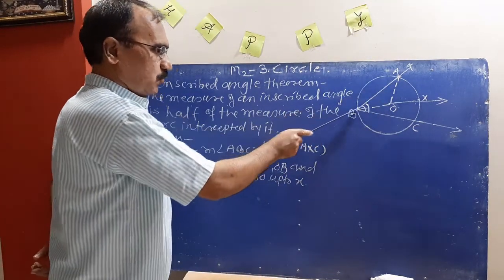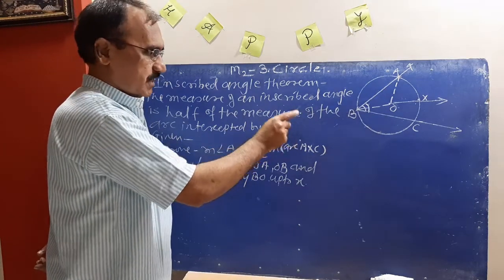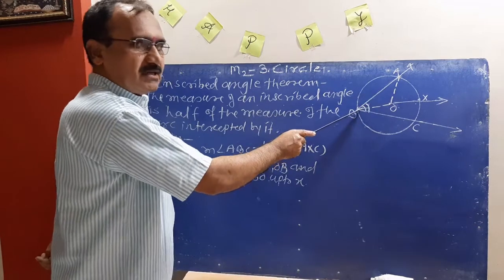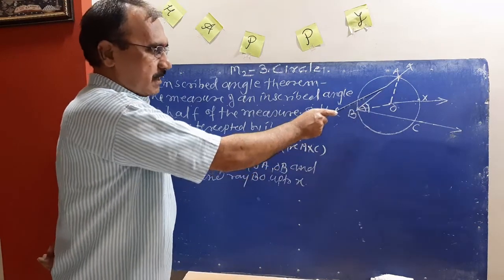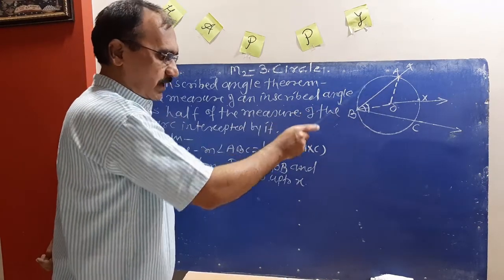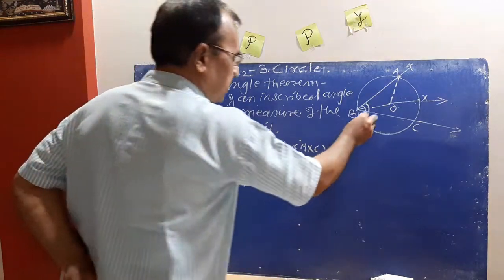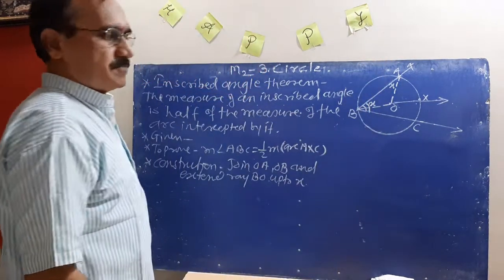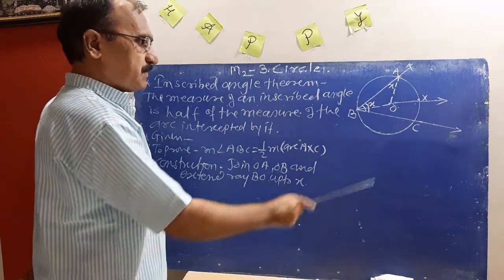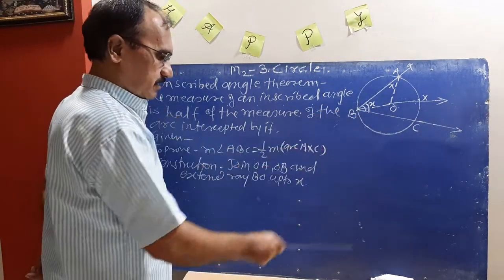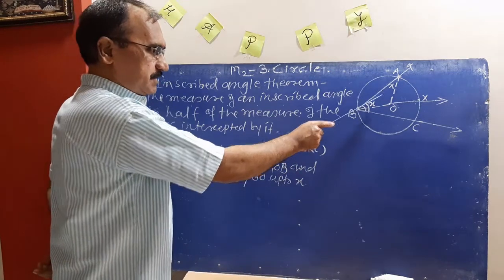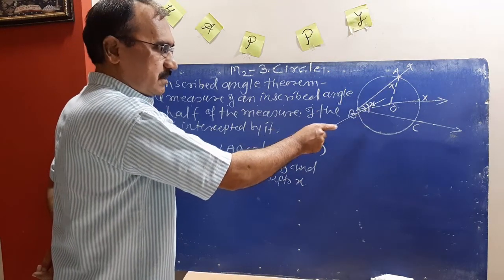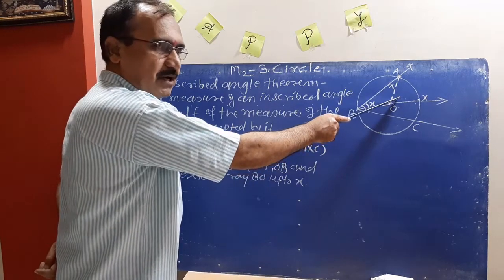Now see here, OA and OB are the radii of the same circle. That means triangle AOB is an isosceles triangle, and therefore the measures of these two angles are the same. Let it be x and x. Now consider the measure of this angle. If these two angles are x and x, then what is the measure of this angle?